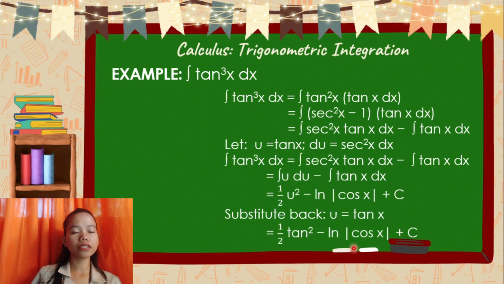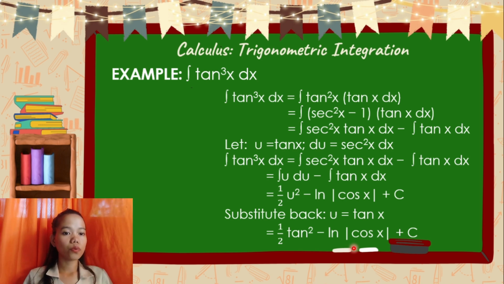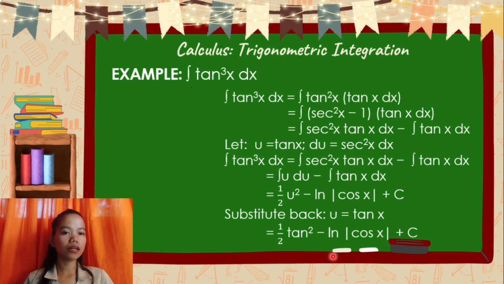So our integrated function that we have now is 1/2 tangent squared of x minus ln, or natural log, absolute value of cosine of x plus c.